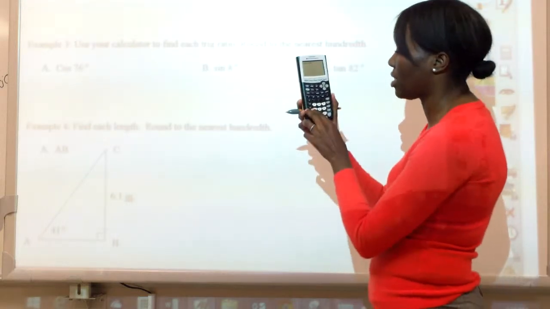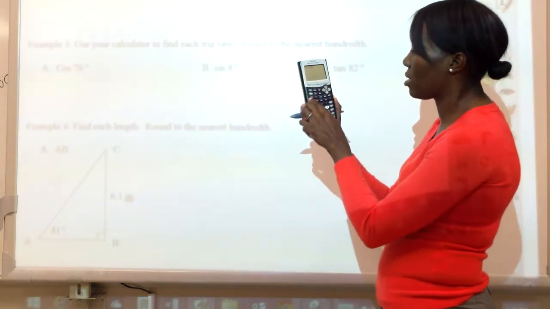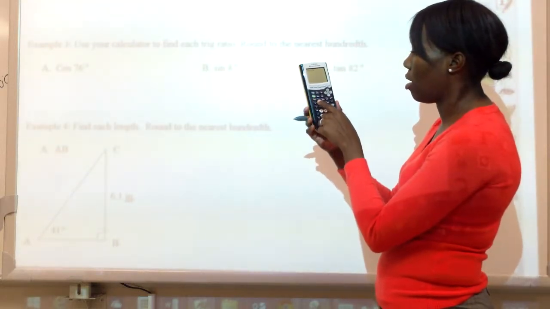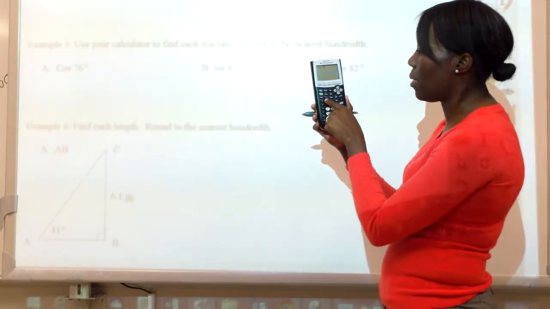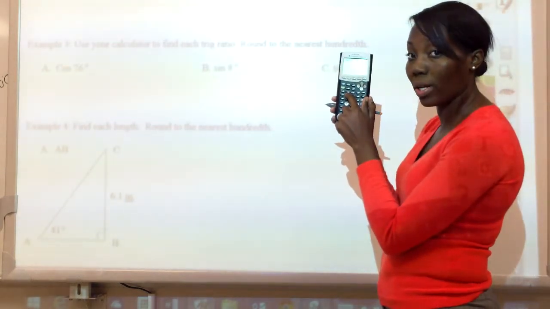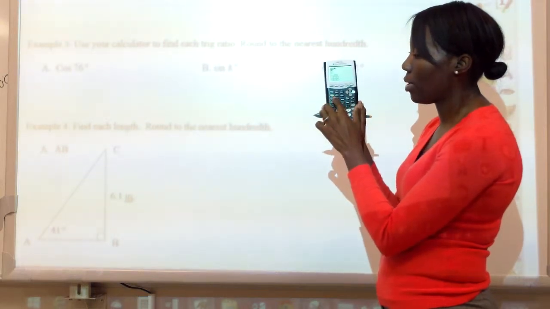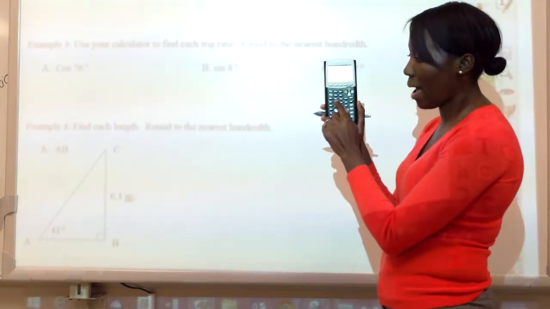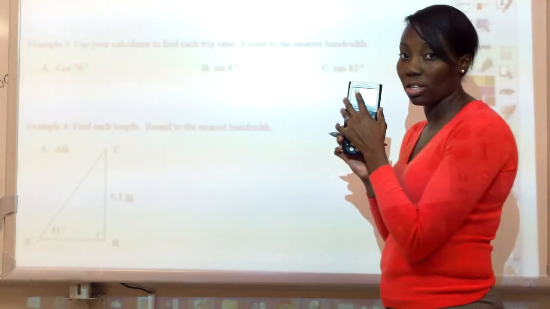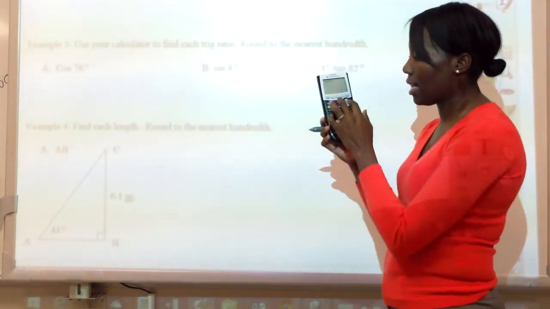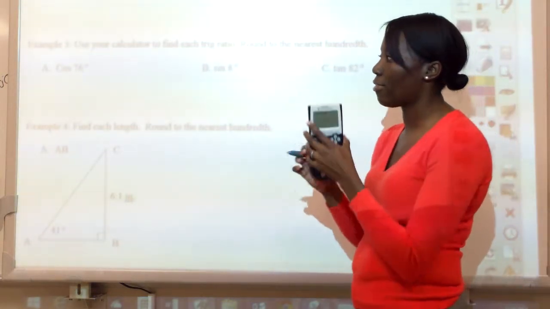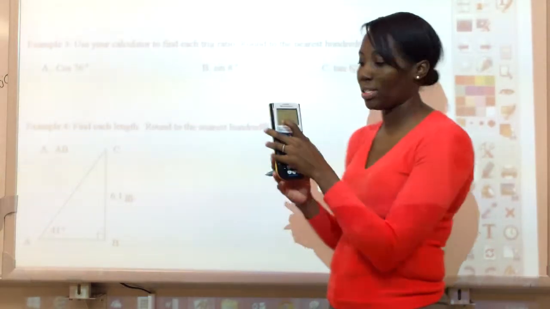To get to the degree symbol, if you look above apps, the little purple letters, it says angle, press second angle. So second apps. And right above it, you'll see the little degree symbol, number 1. And so then close parentheses. So now I have cosine 76 degrees.